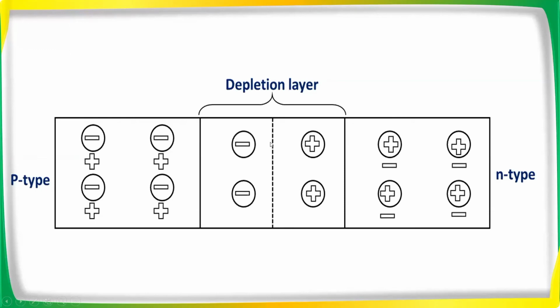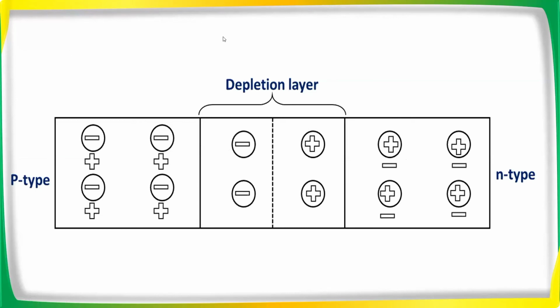Because here now we no longer have anything. It's actually a potential barrier, like a potential difference. These ones will have to be given energy to move beyond these fixed ions to go to this side. And the electrons on the n-type will have to be given enough energy to move and pass this depletion layer. Actually, it's like a resistance of some sort. That's why we are calling it a potential difference.